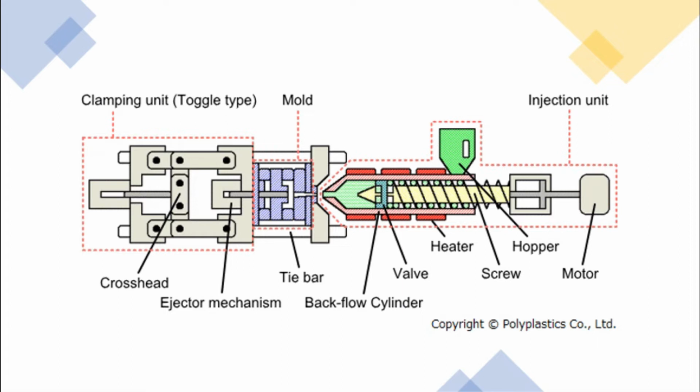The screw is rotated to melt the plastic introduced from the hopper and to accumulate the molten plastic in front of the screw. A heating element or heater is attached to the barrel to melt the molding material coming down from the hopper.